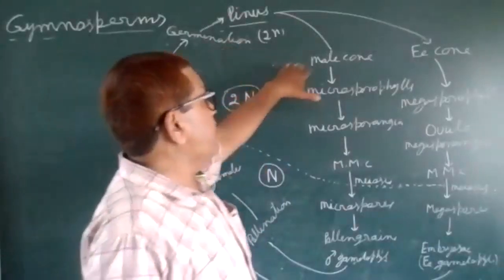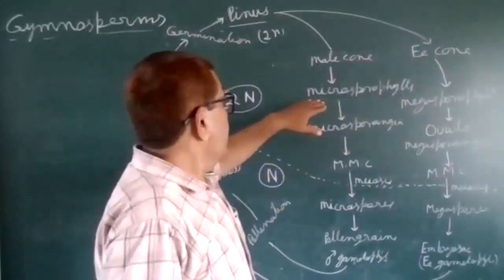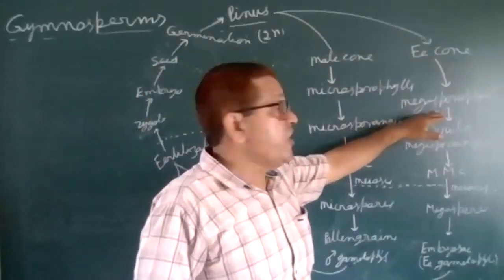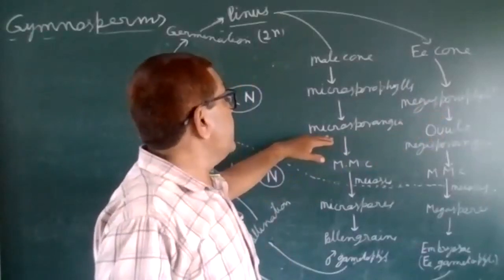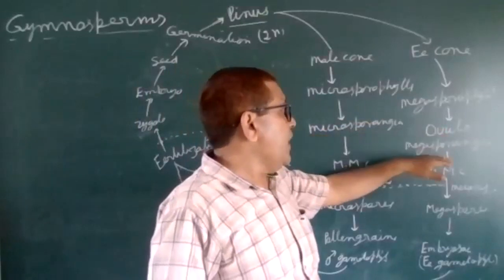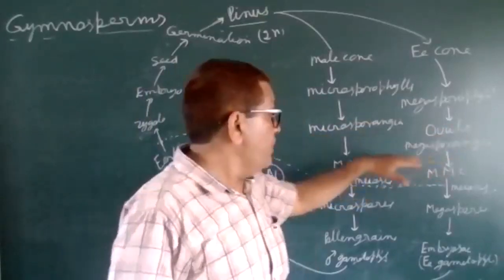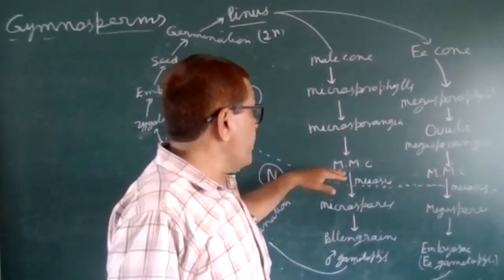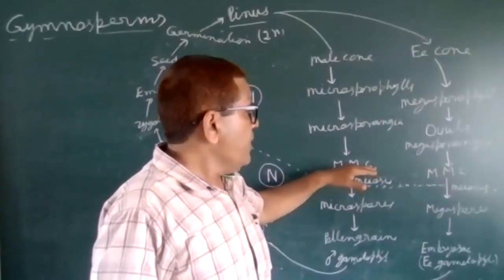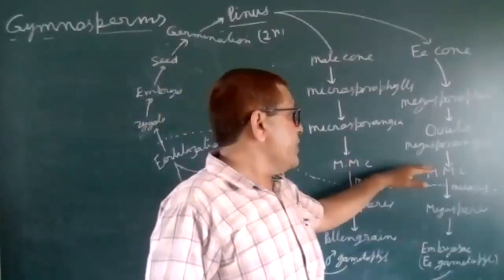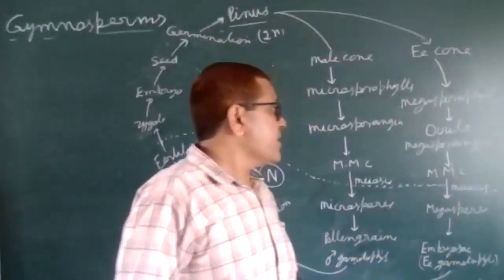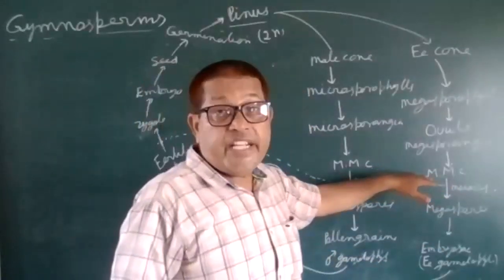So pinus has male cones and female cones, the male cone having microsporophyll and the female cone having megasporophyll. The microsporophyll has microsporangia, and the megasporophyll has megasporangia or the ovule. In microsporangia there is the microspore mother cell, and in the megasporangia there is the megaspore mother cell.